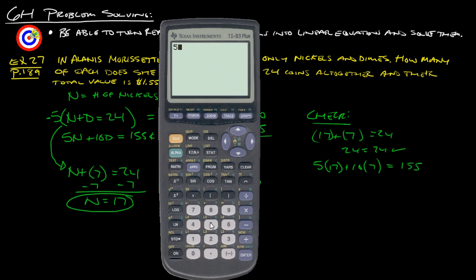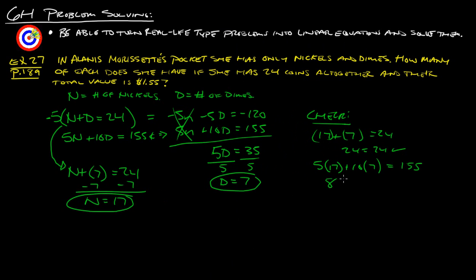So 5 times 17 is 85 plus 70. And if you add 85 and 70, you get 155. And that also works.